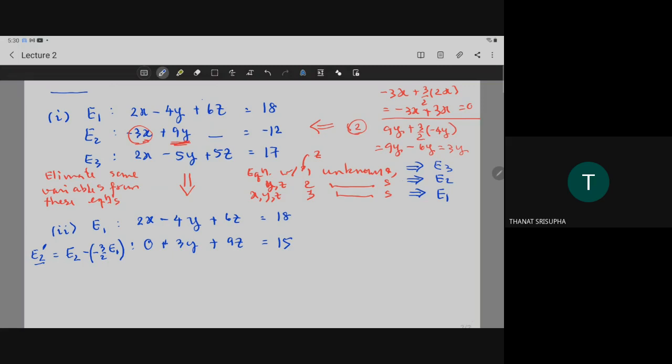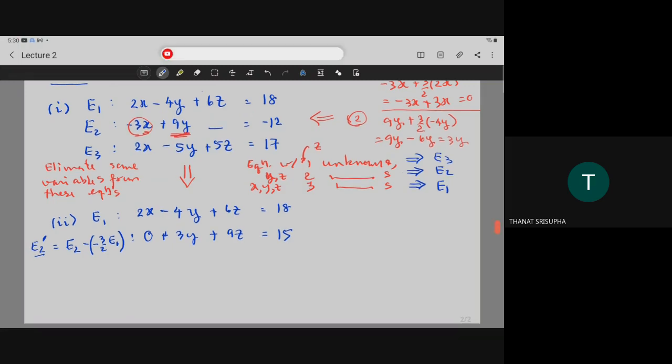Well, we can do similarly for equation number 3. The rule of thumb is when we do equation 3, we also try to eliminate the unknown x first as well. Okay, so maybe we can do this together now.